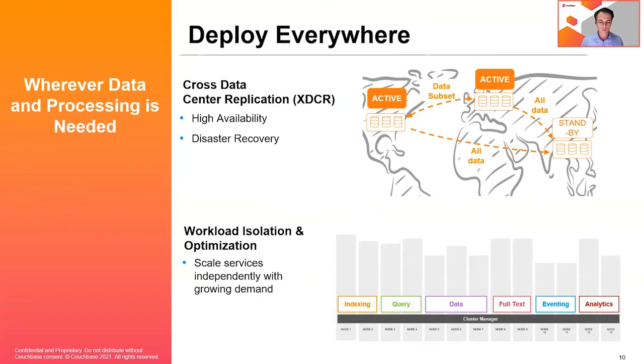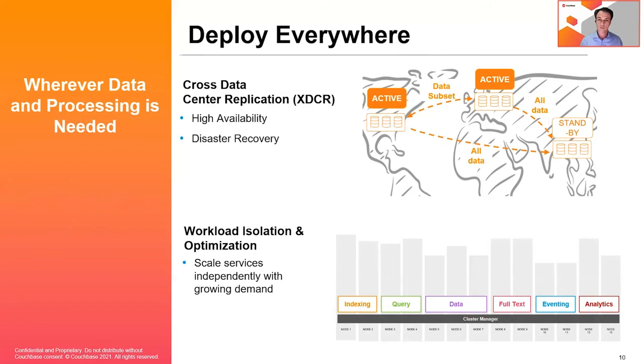The other thing in terms of scaling up and having control and improving the evolution of your clusters is our multidimensional scaling, which isolates the workloads and optimizes them. So what that means is if I'm developing my application on a 3-node cluster, but then I need to scale it up to 50 nodes, as I'm doing that, I can choose my different services and put them on different nodes, right?